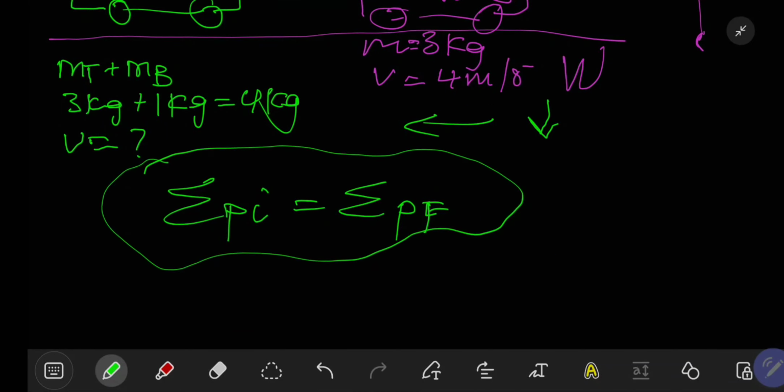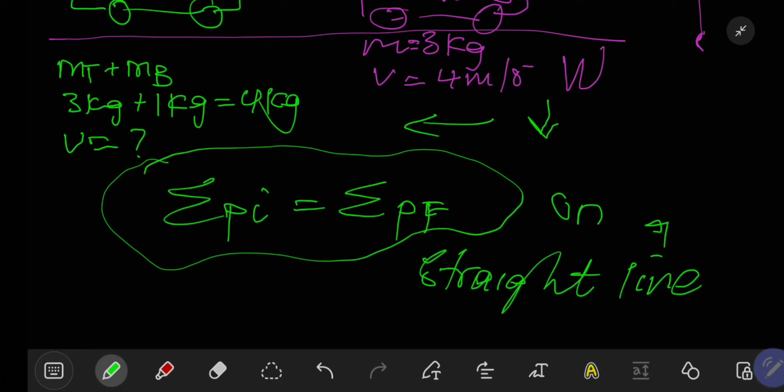So when we apply this law of linear momentum, we consider the velocity on a straight line. So in this case, one thing that you should know is that the velocity of this brick, because it's a vertical velocity, we ignore it.